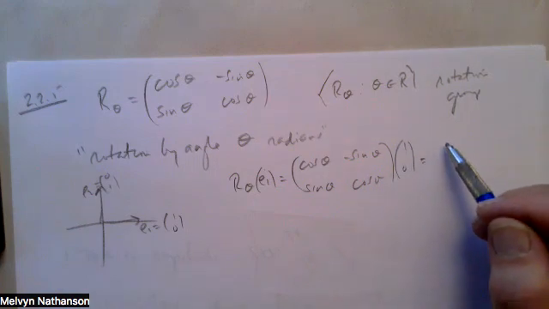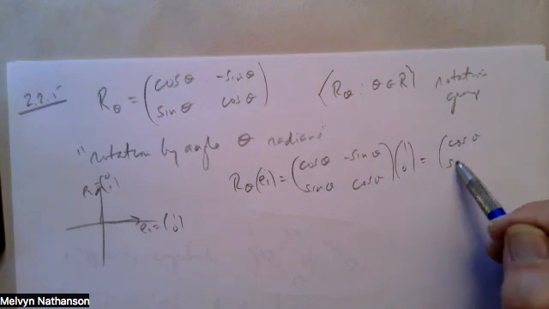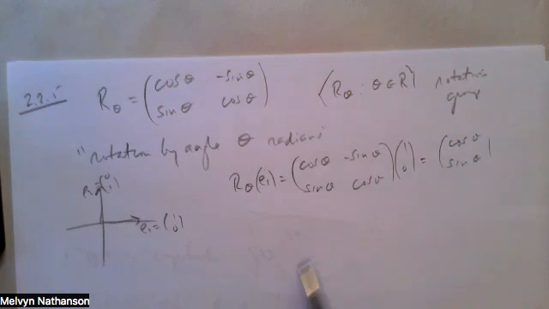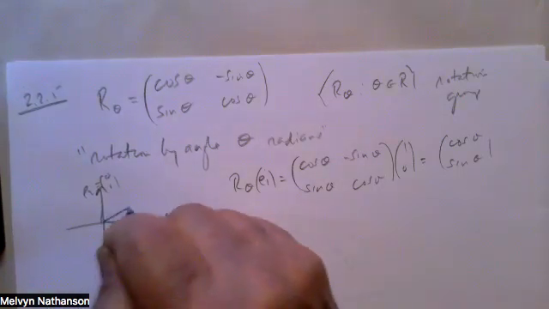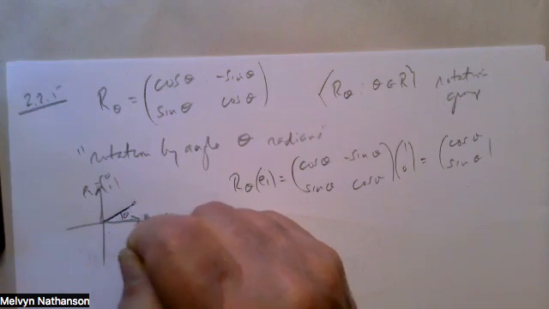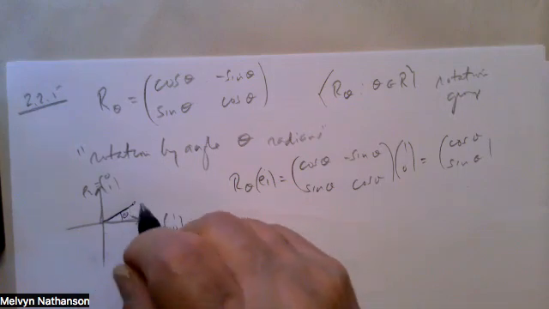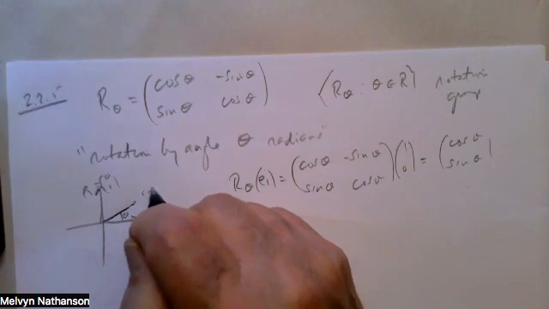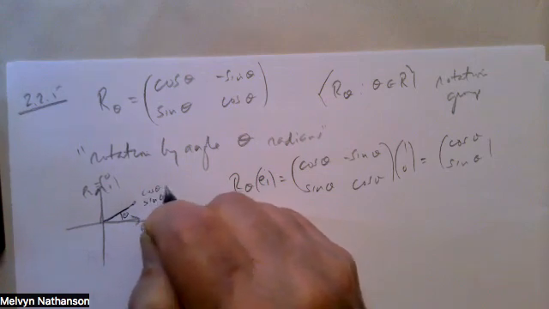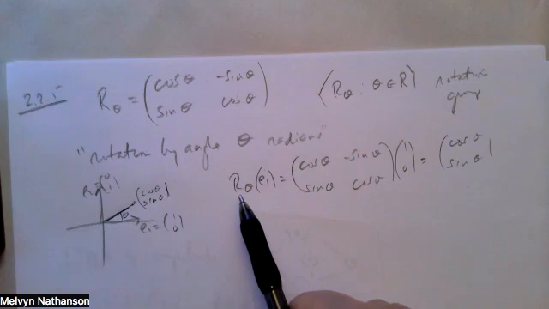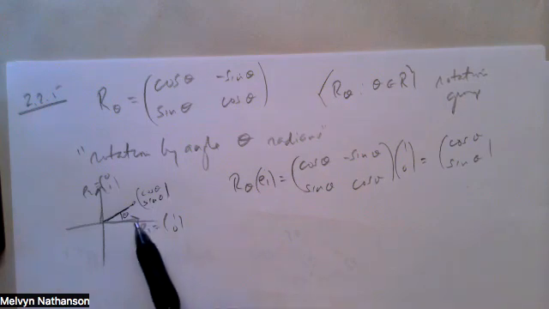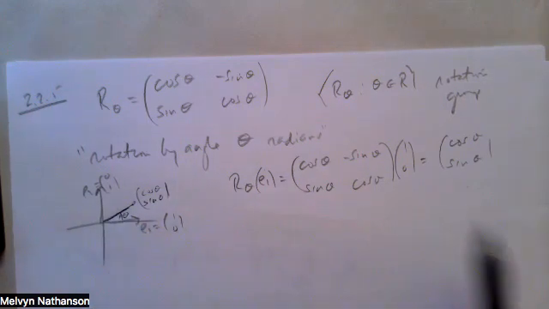So you know matrix multiplication. This is cosine theta, sine theta. Where is that vector? Well, if this is the angle theta, if we rotate this unit vector by theta, we get exactly cosine theta, sine theta. So this matrix rotates E1 by theta radians.